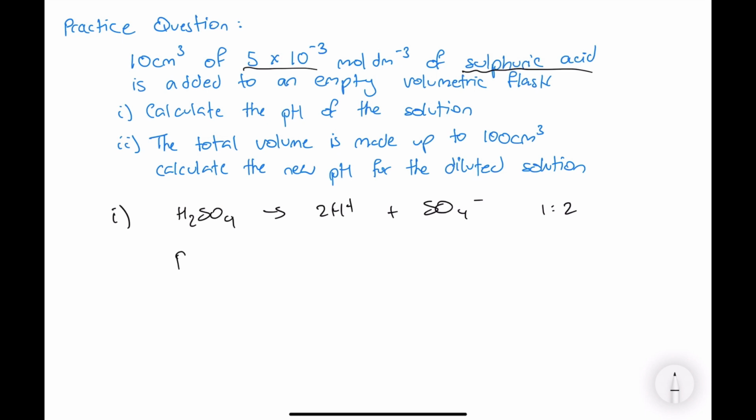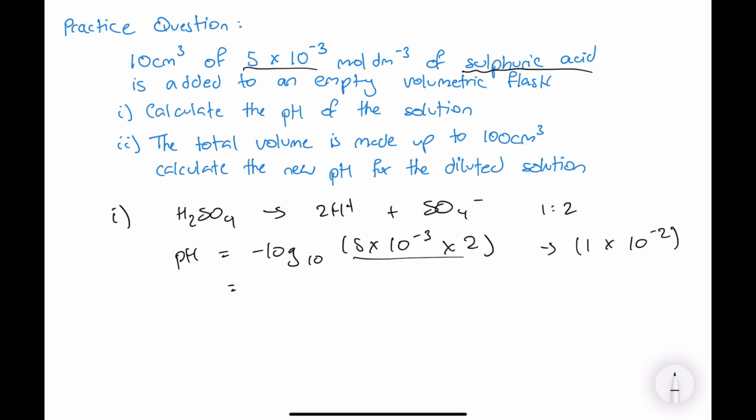So that means when you input the concentration into our formula, we will times it by 2 because there's 2 more. You can input this on the calculator because it is a calculator question, but you can also work it out in your head, in that this is the same as 1 times 10 to the power of -2. So then the pH is 2.